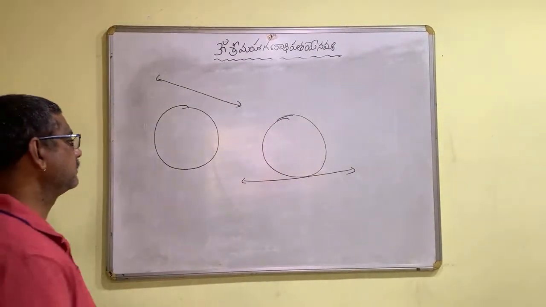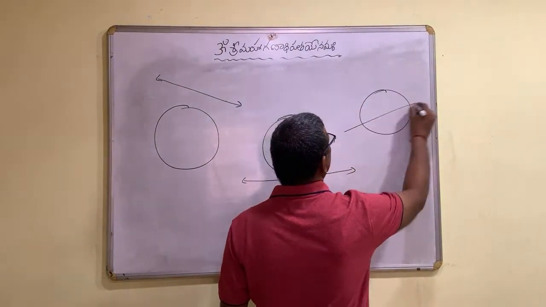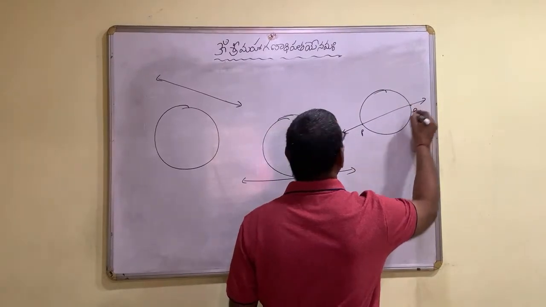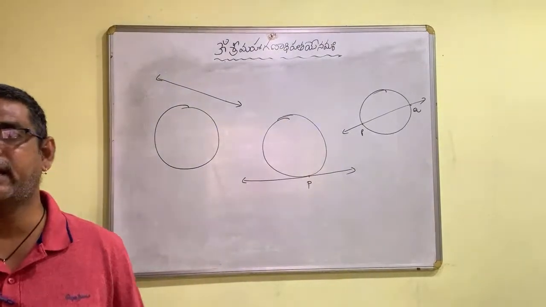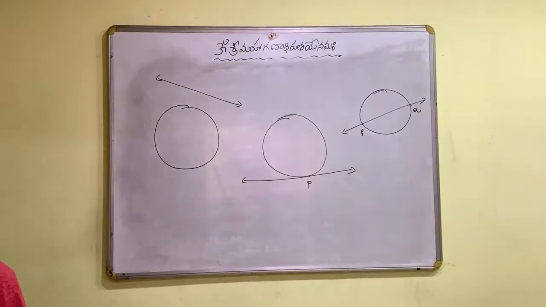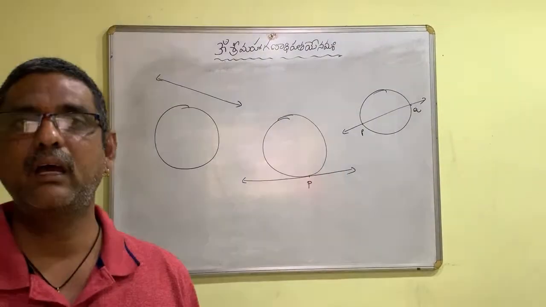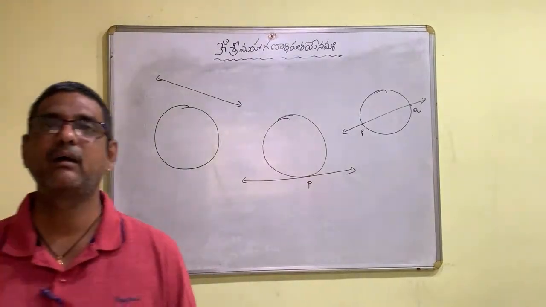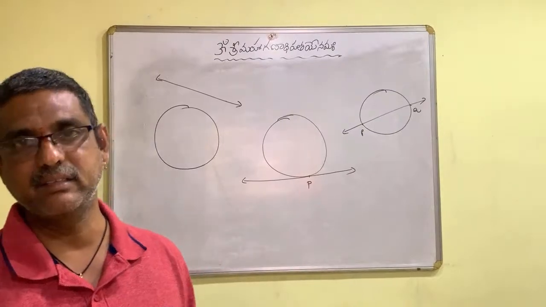Third condition, the circle and the line intersect at two points. These are the three different ways that we can draw on a flat surface.